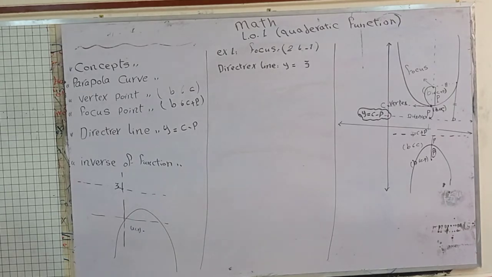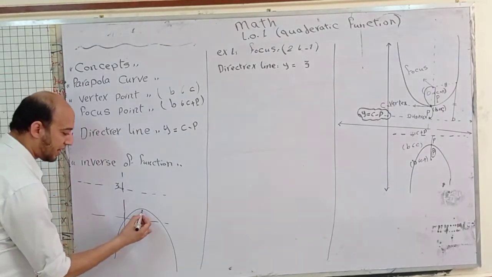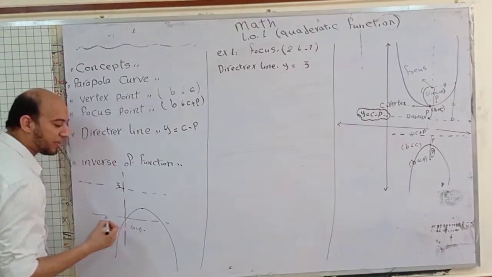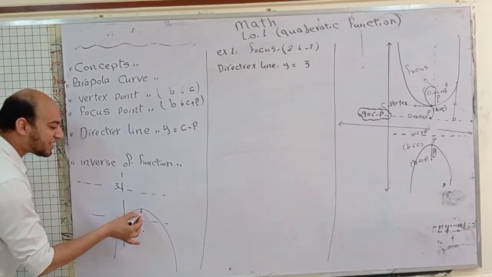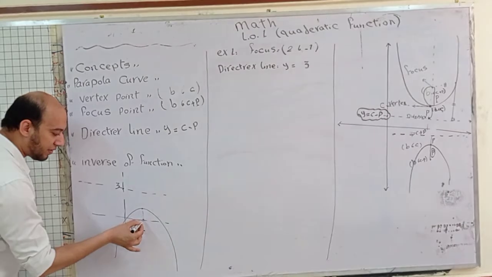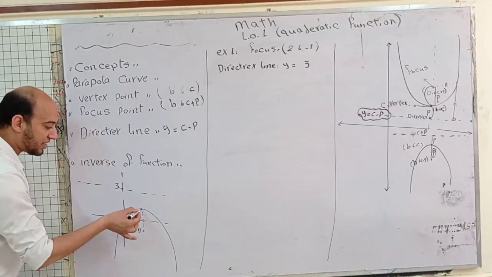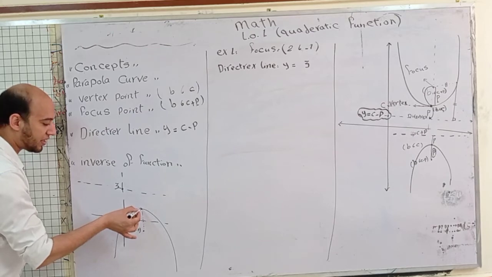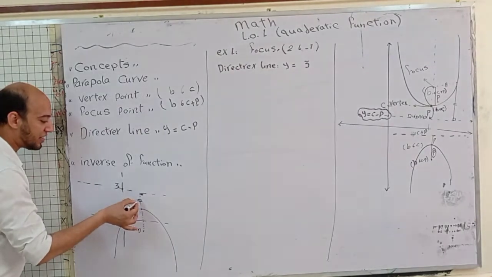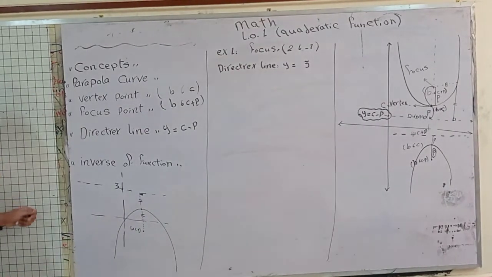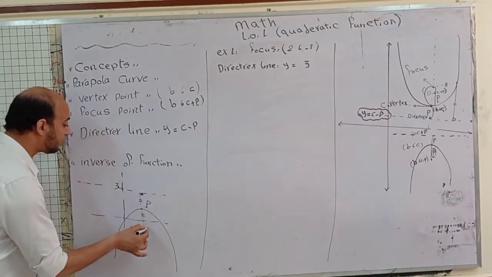Now, if we take any point on the parabola curve, we know that the distance between it and the focus equals the perpendicular distance between it and the directrix line. These two distances are equal.